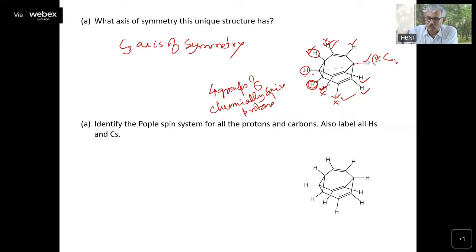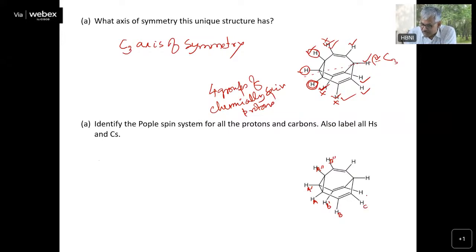So you will get H A, H A prime, H A double prime. Similarly, if this is HB, it will be HB prime. If these coupling constants are not the same, they will also have different coupling constants, and this will be HB double prime.